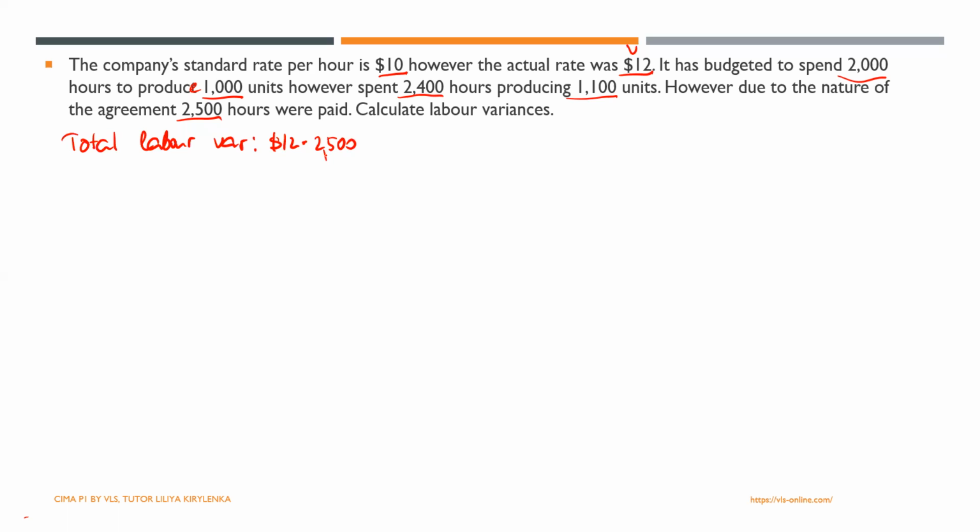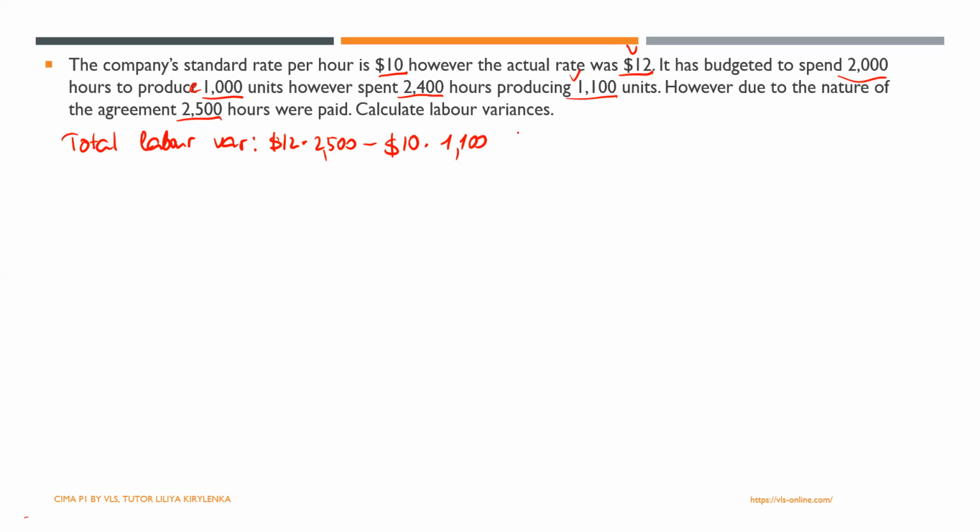And the budgeted quantity is going to be calculated as the budgeted rate or standard rate in this question, multiplied by budgeted quantity. But we need to subtract the budgeted quantity that would be required to produce the actual output of 1,100 units.